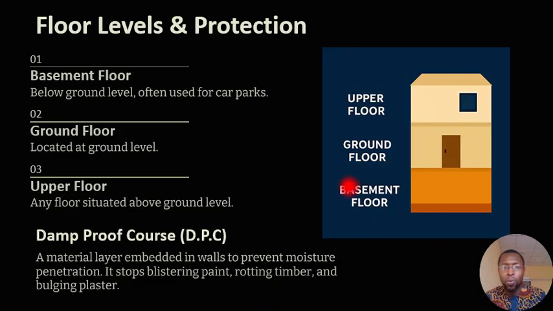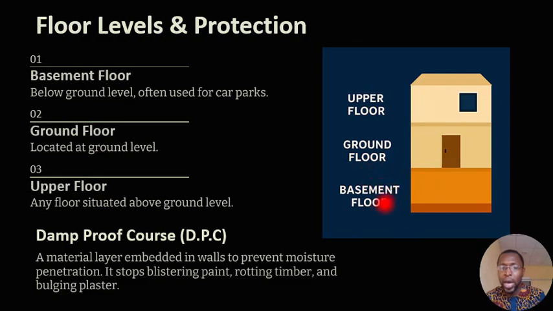We also have what we call floor levels and protection. Floors are at different levels, and basically we have three levels of floor: the basement floor, the ground floor, and the upper floor. This is a typical diagram of the three levels of floor.